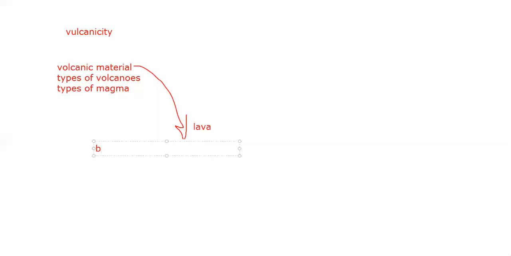You have basic lava and you have acidic lava. Basic lava is the lava that would be more fluid. It would just run off the hill, and this is why it would create gentle slopes.